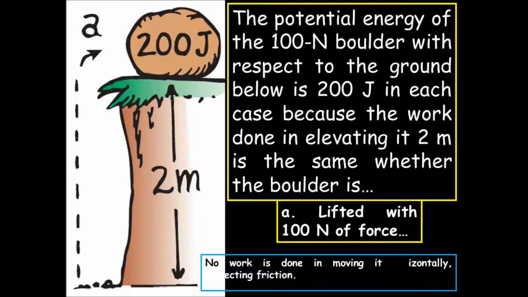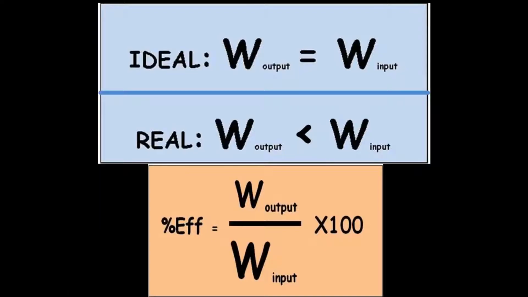You are using a lot more energy than you need if that's the case, and that's what we do. We use thrust, and that thrust is inefficient either way.